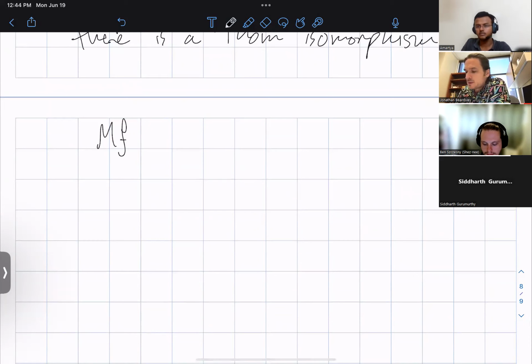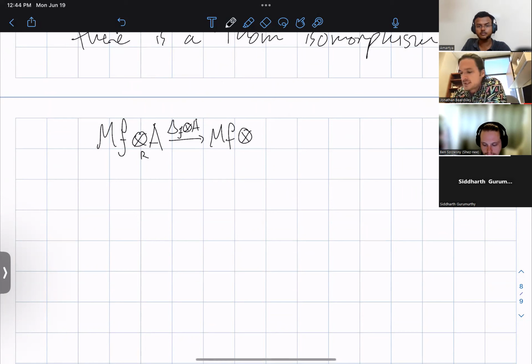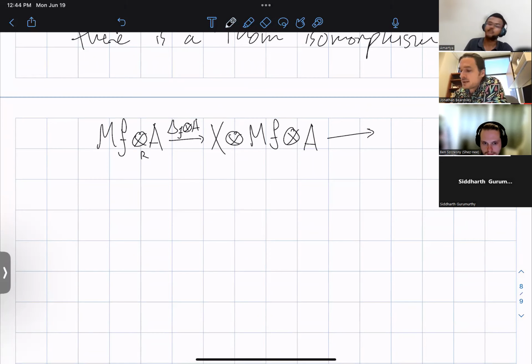If you take Mf tensored over R with A, and then you apply this Thom diagonal on the left-hand side, well, let me flip it around, since everything's commutative, so I'll write it this way: X tensored with Mf tensored with A. Then you apply your orientation.